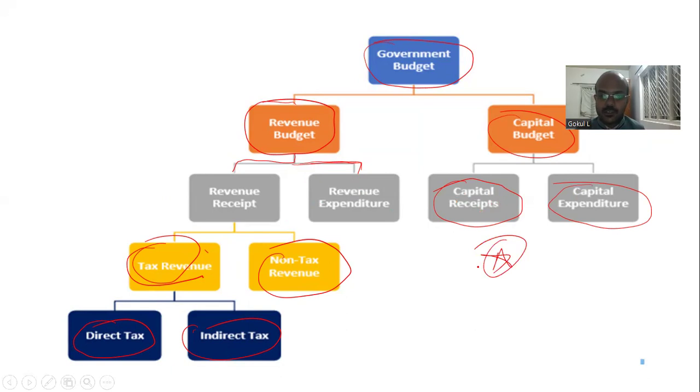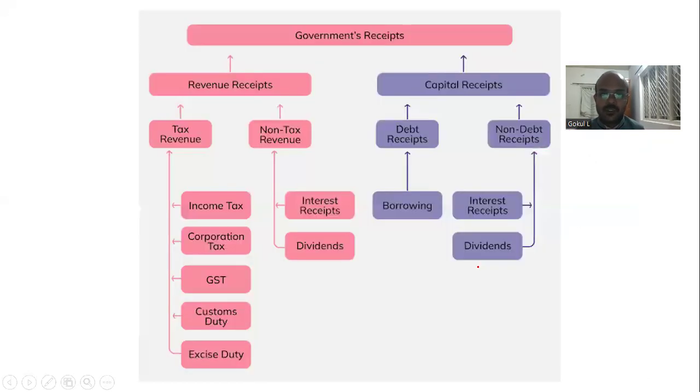All right, so next, a more detailed division of revenue receipts and capital receipts. Revenue receipts, as we discussed, are further divided into tax revenue. Tax in what form? For example, income tax, corporation tax, GST, customs duty, excise duty. All these things we have to keep in mind are revenue earned as a part of tax.